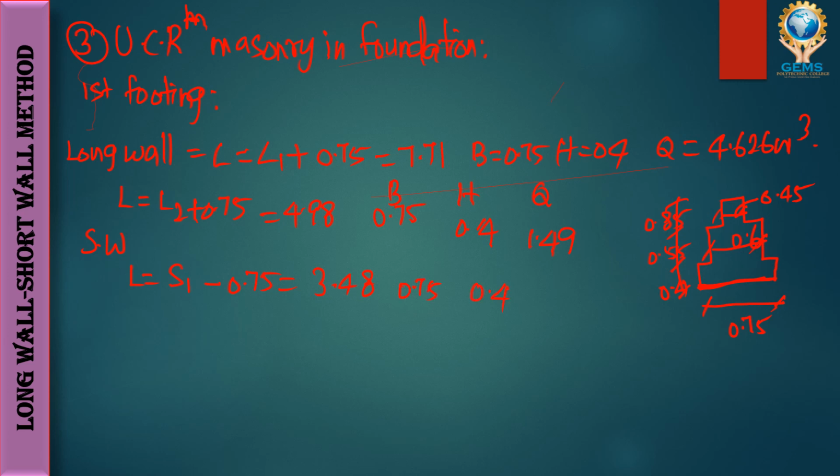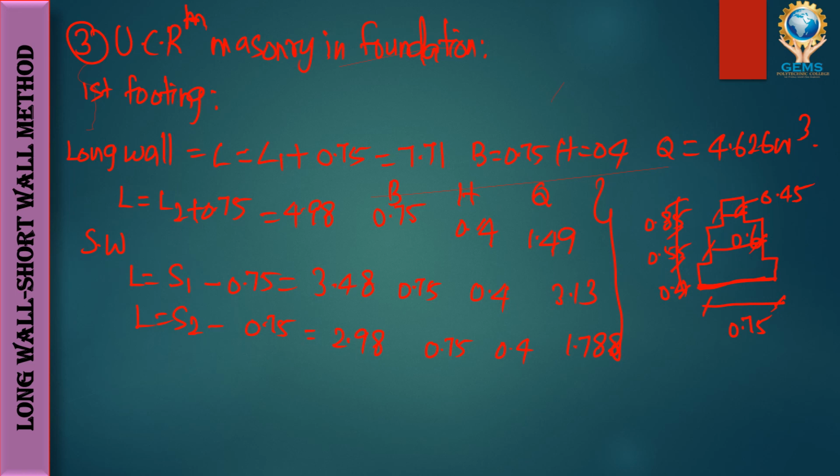So we will get the quantity 3.13. Then for S2 also the same thing, S2 minus 0.75. So we will get the value 2.9, then the breadth, then the height. So we will get the quantity 1.788. So these are the dimensions of the first footing.